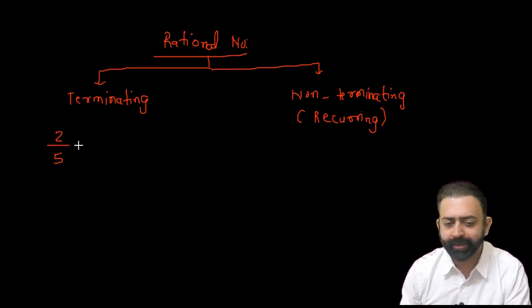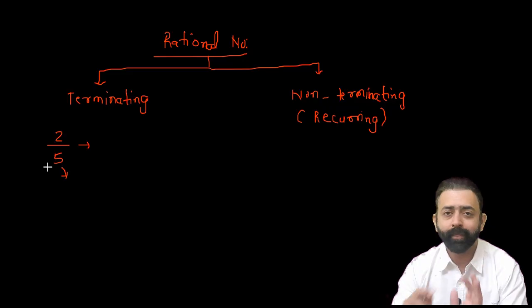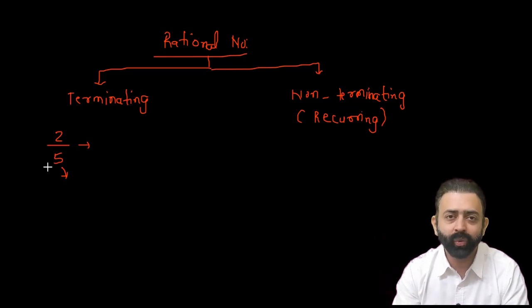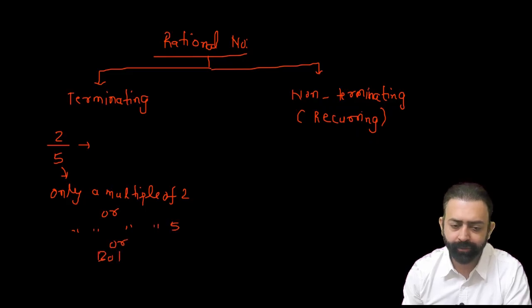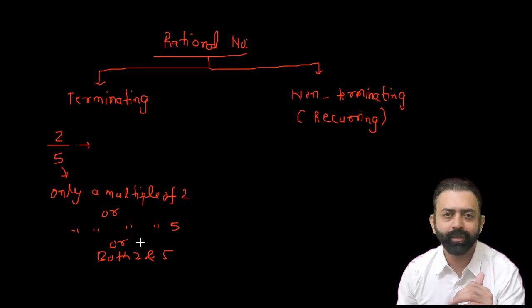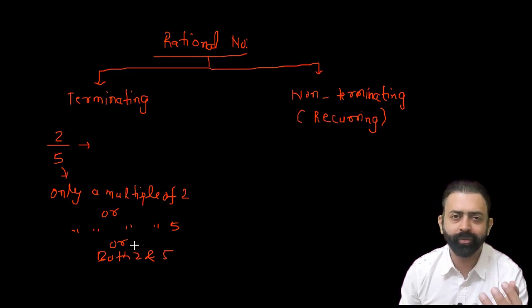If the denominator is a multiple of only 2, or only 5, or both 2 and 5, then that rational number will be a terminating rational number.